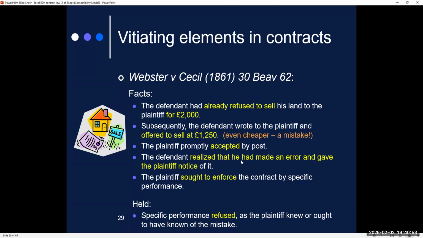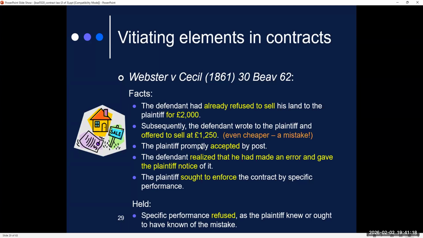So the defendant realized that he had made an error and gave the plaintiff notice of it. But the plaintiff sought to enforce the contract because it is cheap. Plaintiff knows that he can get benefit for such a low price. Specific performance was refused, as the plaintiff knew or ought to have known of the mistake.